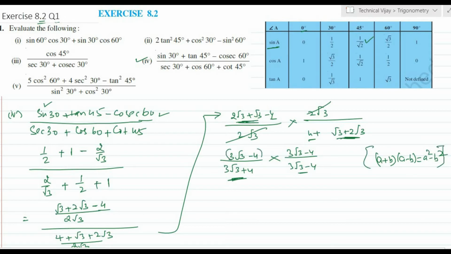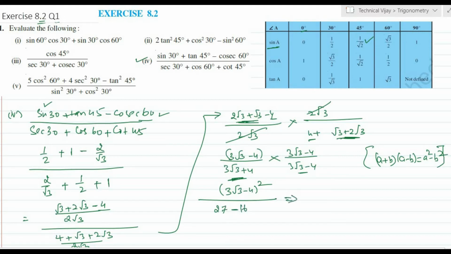So here the numerator will be a square, that is (3√3 − 4) whole square. In the denominator, this is a square, means (3√3) square, that is 3 square means 9, 9 into 3 is 27, okay. So minus 4 square, that is 16.